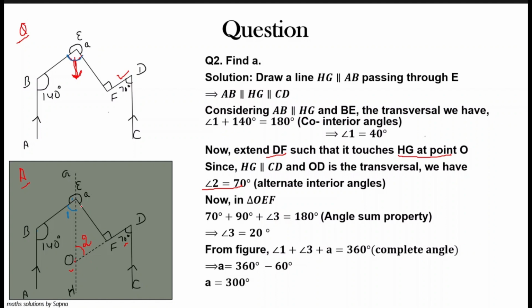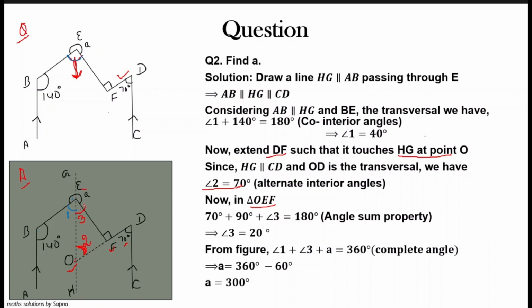Now, my ultimate aim is to figure out this angle. Let me name this angle maybe as angle 3. I can clearly see in triangle OEF, angle 2's value I already know, I just figured out it is 70 degrees.